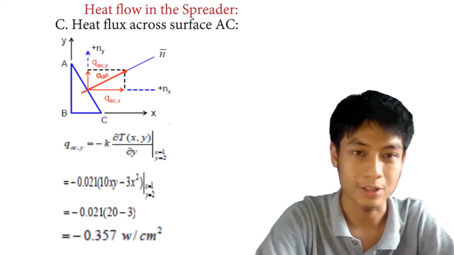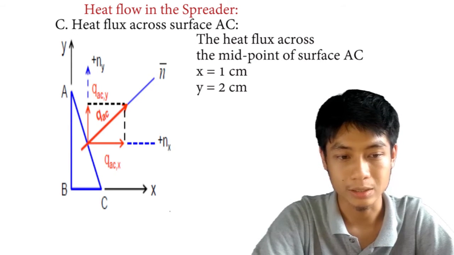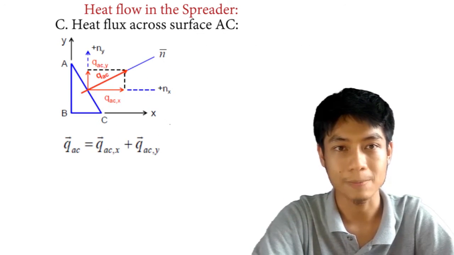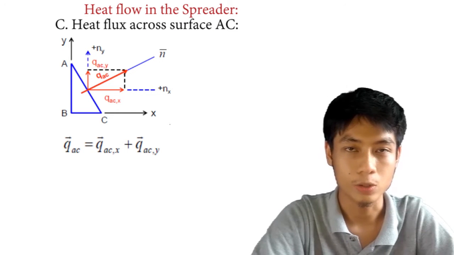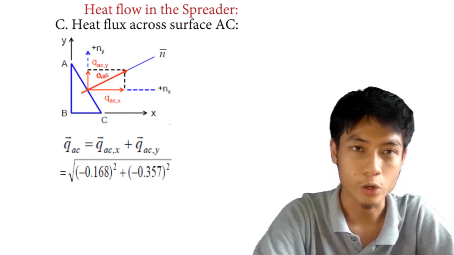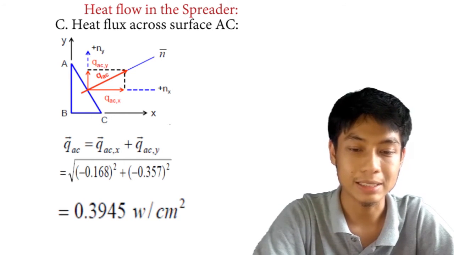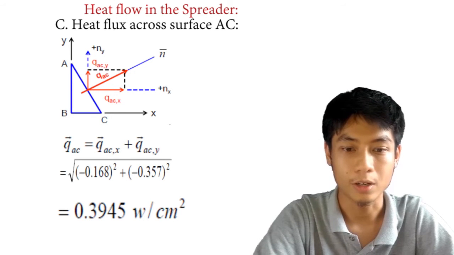Once we have the x and y components, to get QAC, using the same method as for magnitude, we square both components and take the square root of the sum. So we'll get 0.3945 for the answer. That's it.